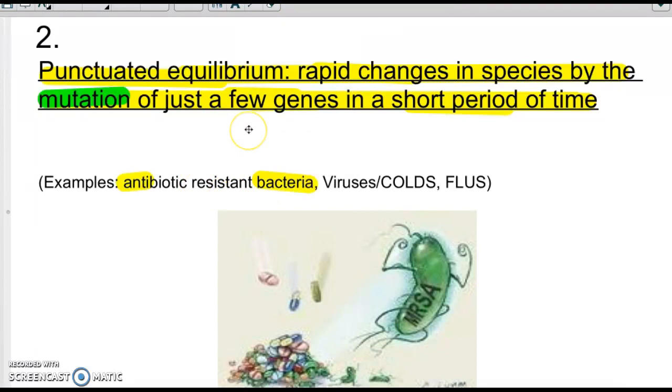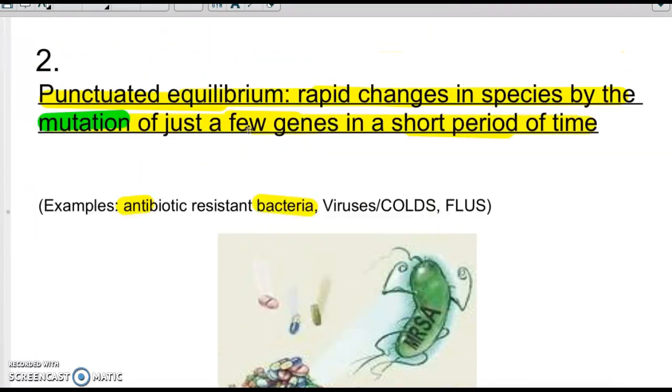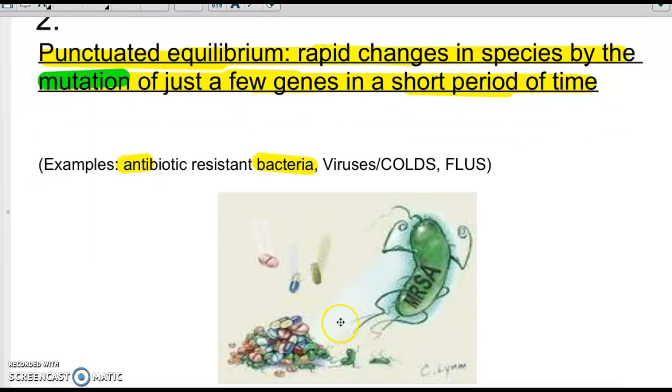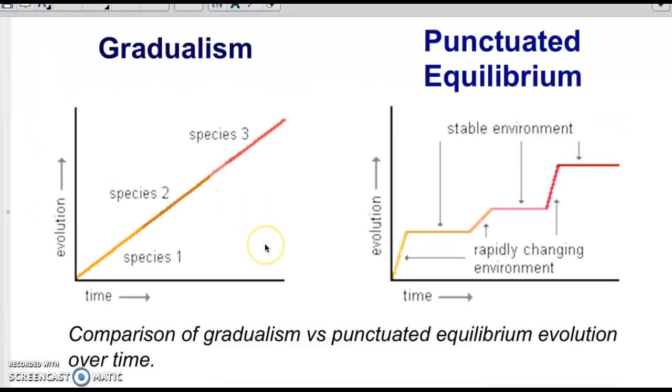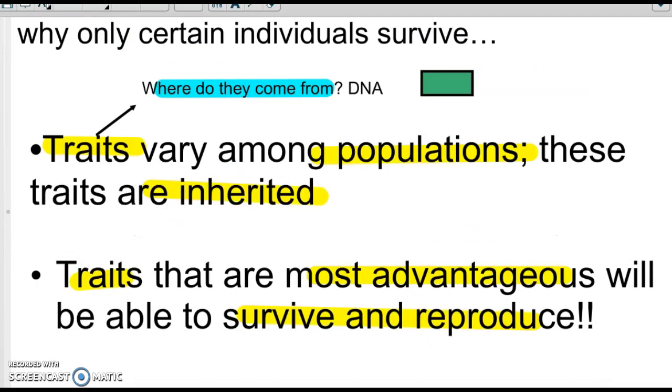Because we've been using antibiotics to kill bacteria, bacteria have recently developed some random mutations, and they're surviving and thriving. We're not able to kill some strains of bacteria with antibiotics anymore because they've mutated so quickly, they have changed how they are. And so that's an example of punctuated equilibrium. All right, so here's an example of gradualism, how it's a long period of time, and punctuated equilibrium looks like that as a visual if you wanted to draw that as well.